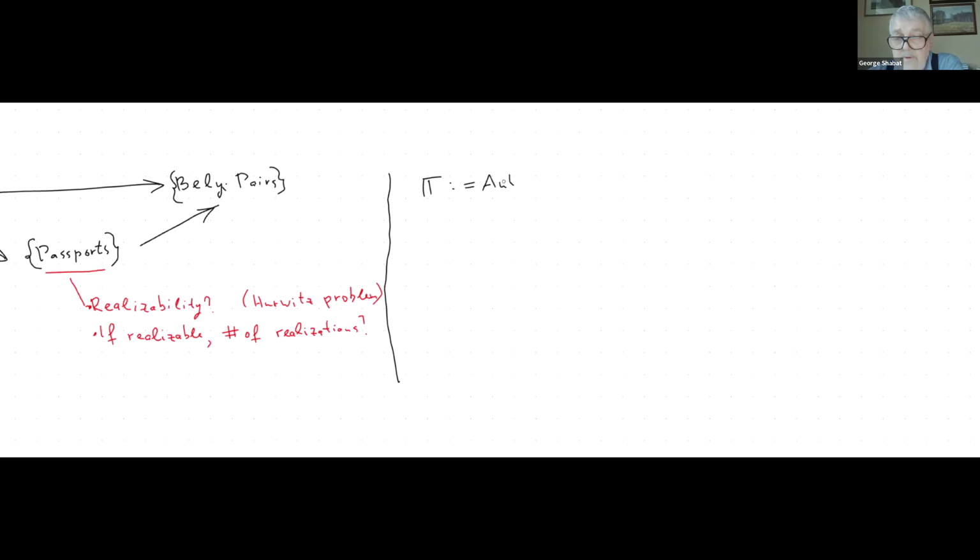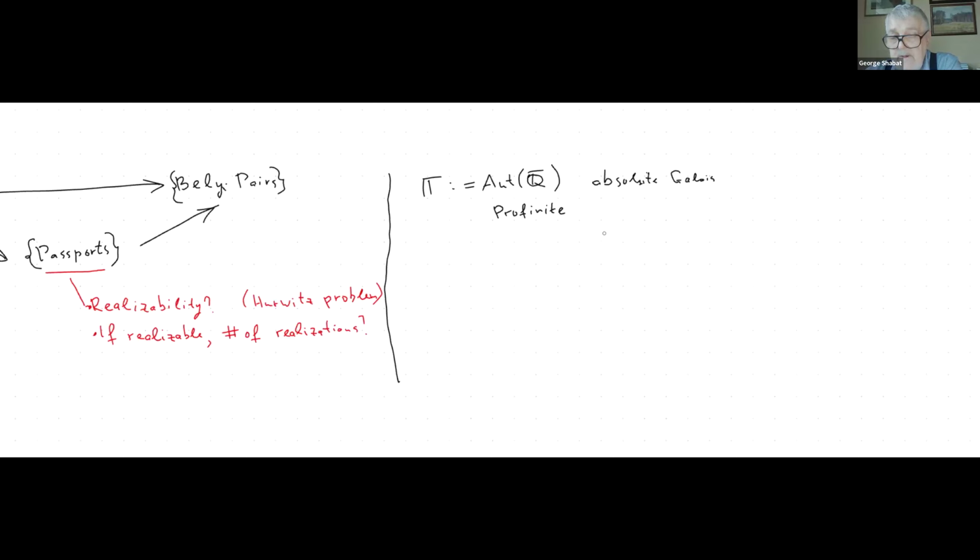That is the group of automorphisms of the field of algebraic numbers, called the absolute Galois group. So it is a profinite group. It means that it is a projective limit of finite groups.